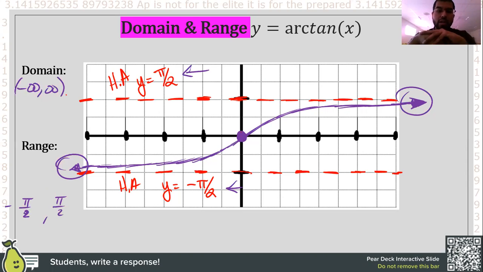So when I talk about whether pi over 2 is included, we cannot say that. This is not including the horizontal asymptote. We cannot physically put a point on these asymptotes because the graph will approach it very close but never cross it, so therefore never actually have a point at y equals pi over 2.